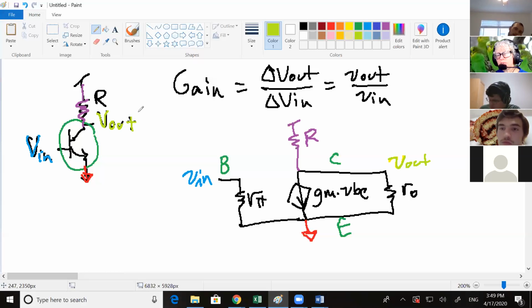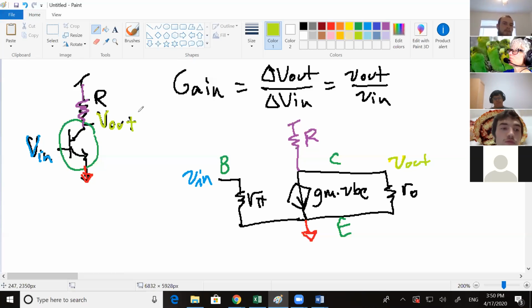And now we've redrawn our circuit, but now to look at the moving signals, the other big part of this was superposition. When we're using this model, we only care about the moving signals, so the deltas.